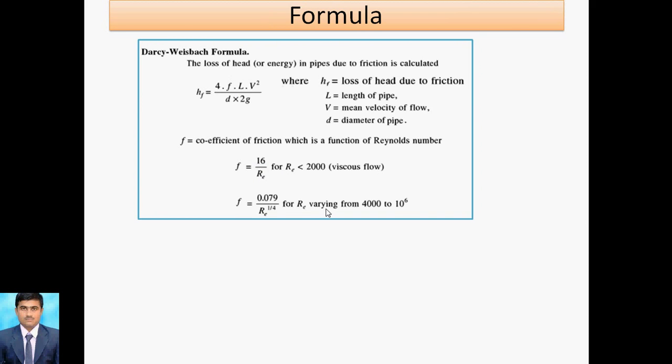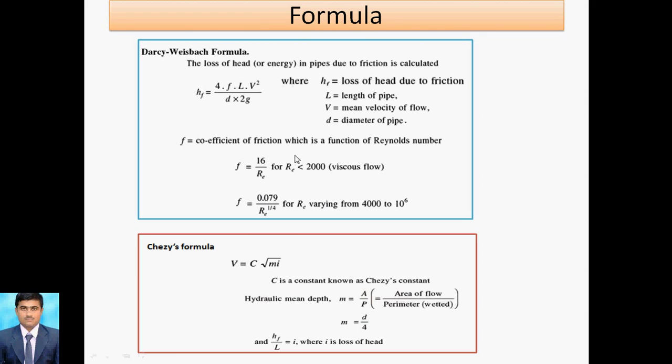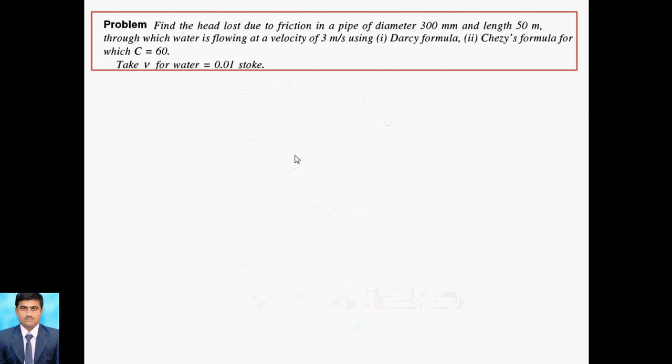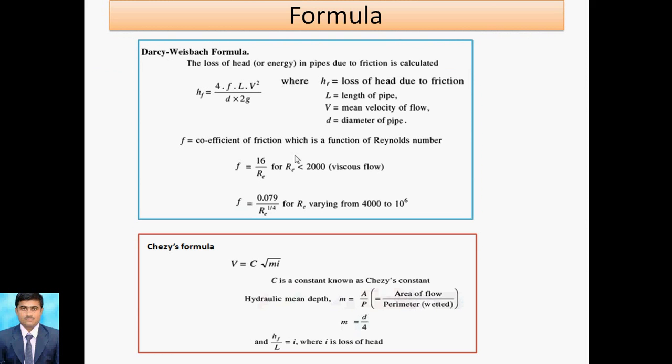If it is more than 4000 up to 10 raised to 6, we can put over here. So this is regarding the Darcy-Weisbach formula. Then Chezy's formula is V is equal to C root of m i. C is Chezy's constant, m is the hydraulic mean depth, that is d by 4, and i is equal to h_f by L, that is nothing but loss of head per unit length. So these are the two formulas for finding head loss due to friction.